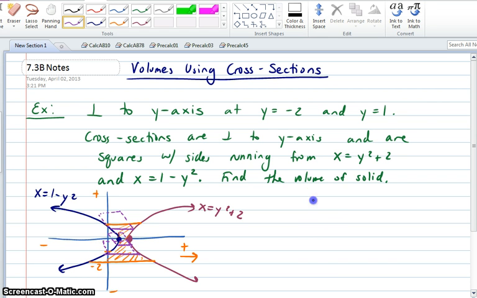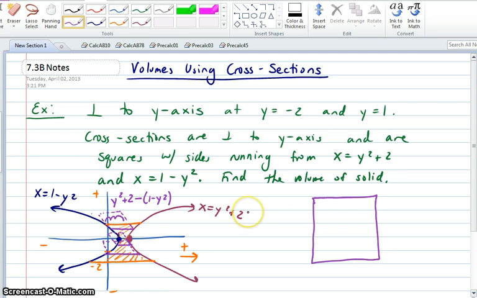So we need to figure out what the area of one of those cross sections is before the calculus pops in. Now, when we're doing a problem like this, the length of one of those sides is going to be the top function, looking at it sideways, the y squared plus 2, minus the bottom function, which is the 1 minus y squared.